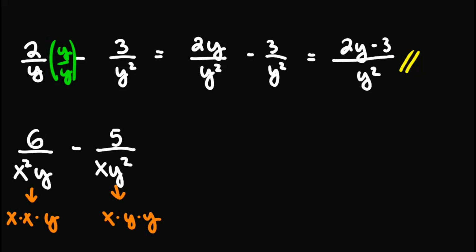So this first denominator is missing a y. This second denominator is missing an x. So we can multiply a y out here and an x out here to make the denominator the same. So we'll do that one.